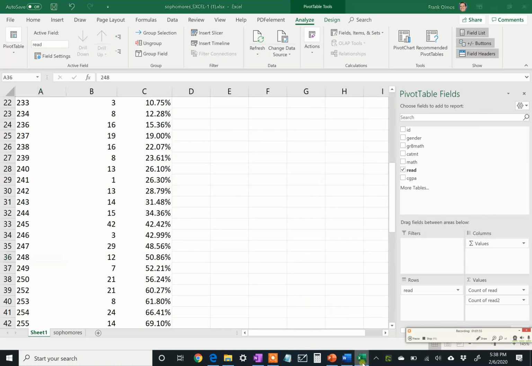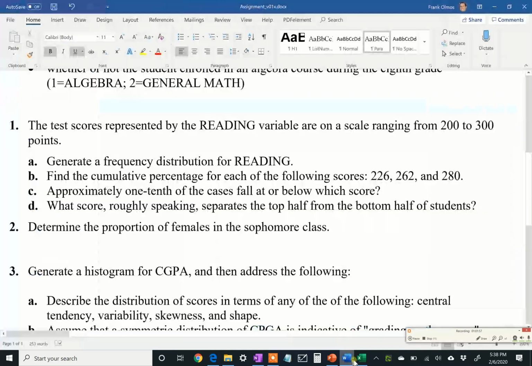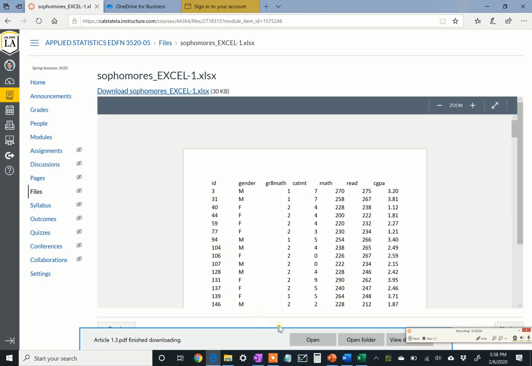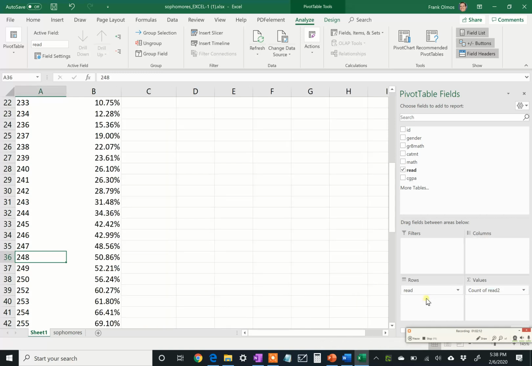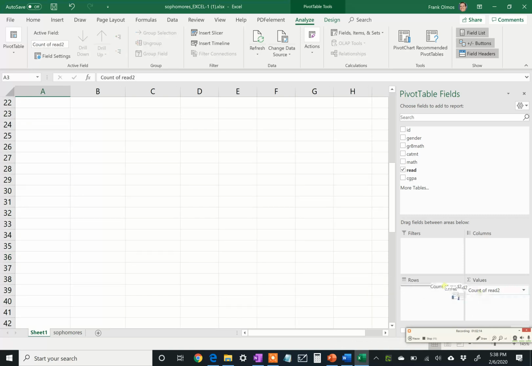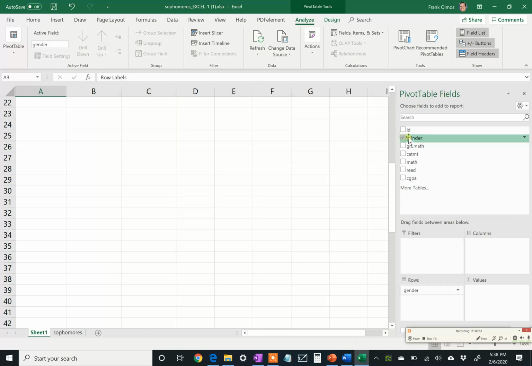So the next question is, determine the proportion of females in the sophomore class. So here, I'm just going to do a subset. I'm not going to give you the answer, so I'm just going to remove these. Go to gender.